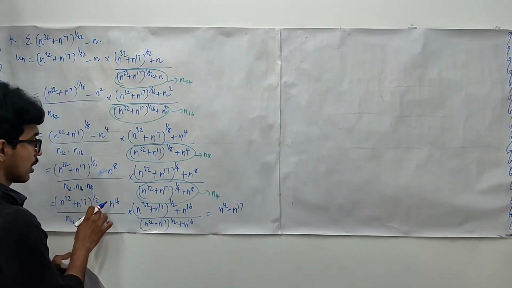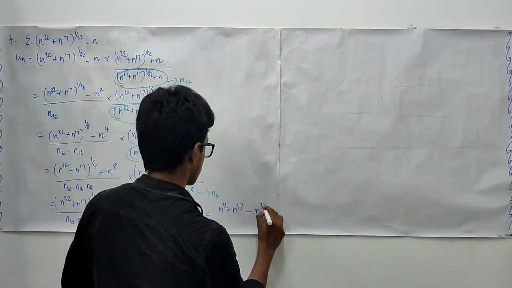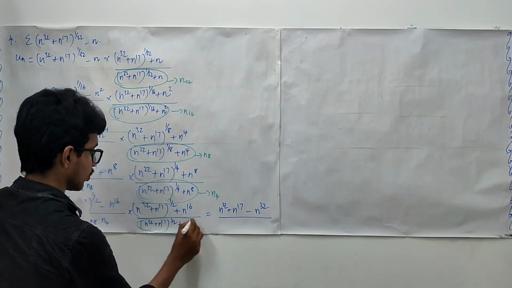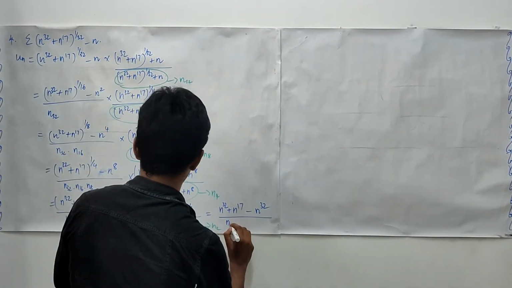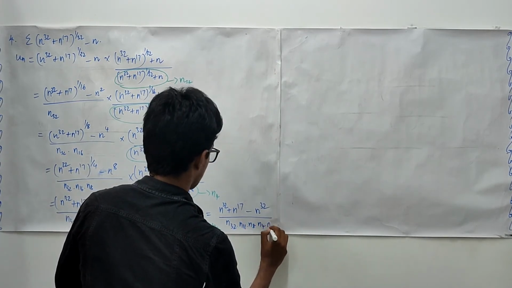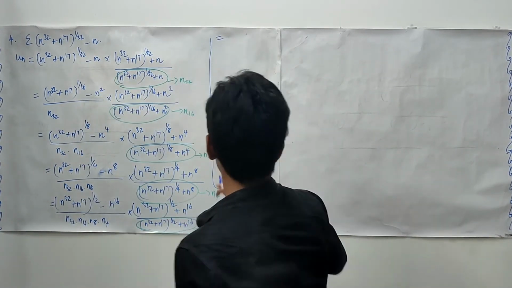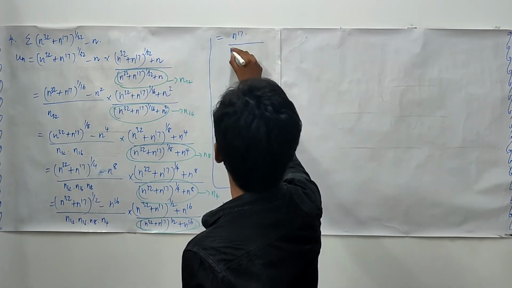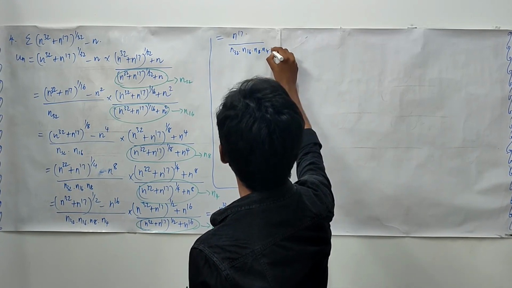Half becomes 1, and we have minus n to the power 16 plus n to the power 16, and that becomes minus n to the power 32, and let us denote this by n2. Hence we have n32, n16, n8, n4 and n2 in the denominator, and finally in the numerator you are going to have n to the power 17.